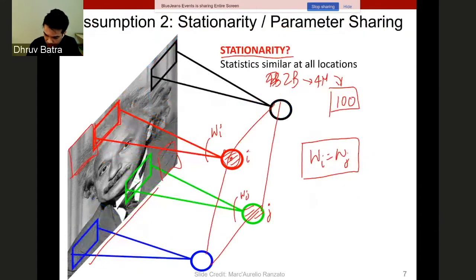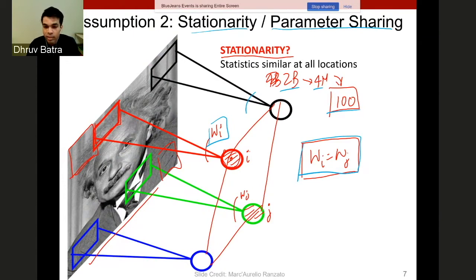And the second assumption that we made was of stationarity or parameter sharing. No matter what location we're looking at, whether that's center top or top right, we're going to share the parameters at all these locations, which immediately collapses from 1.6 billion, 4 million to just 100 parameters for this operation. And the reason why you might justify this is by arguing essentially what we end up arguing in the homework, that there is translation equivariance.